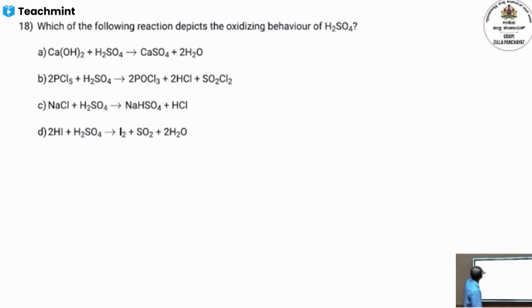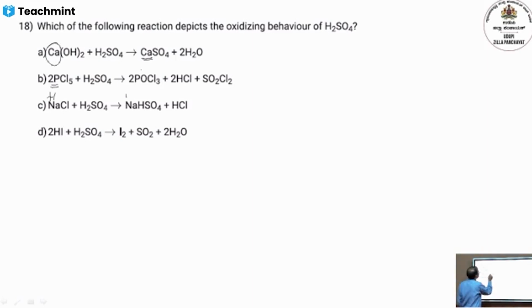So calcium is +2 here, and here also it is +2, no change, so it is not. Here it is PCl5, so it is +5, and here also, with 3 chlorine at -3 and oxygen at -2, it is not changed. It remains the same. In NaCl, here it is +1 and here also it is +1, so there is no change.